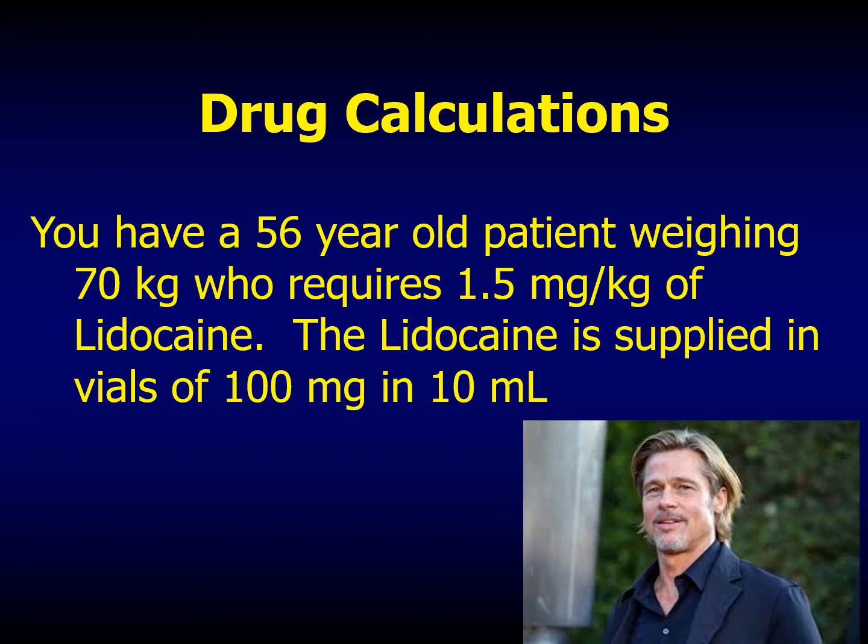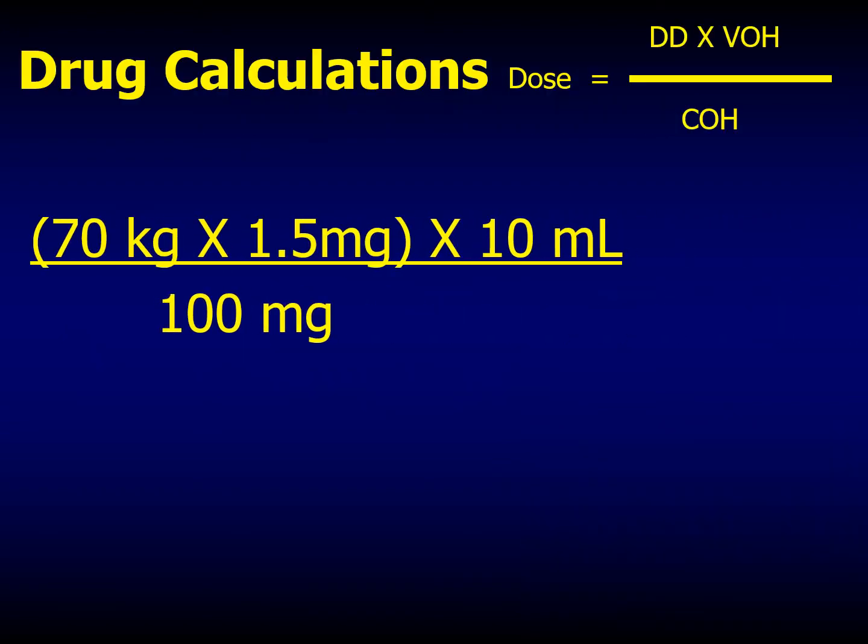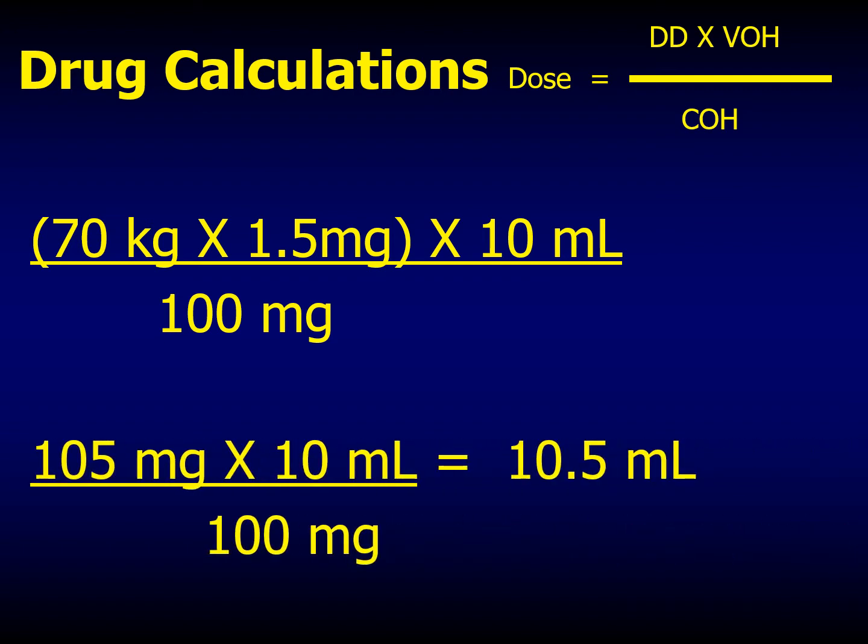Some of you are probably already leaping ahead and saying if there's 100 milligrams in 10 mils, that means there's 10 milligrams in every milliliter. You're exactly right. But for whatever reason, we've left our larger dose here. You could very simply cross out a 0 on the top and a 0 on the bottom. Whatever you do on the top side of the equation, you can do on the bottom, and you'd wind up with that 1 mil in 10 milligrams.